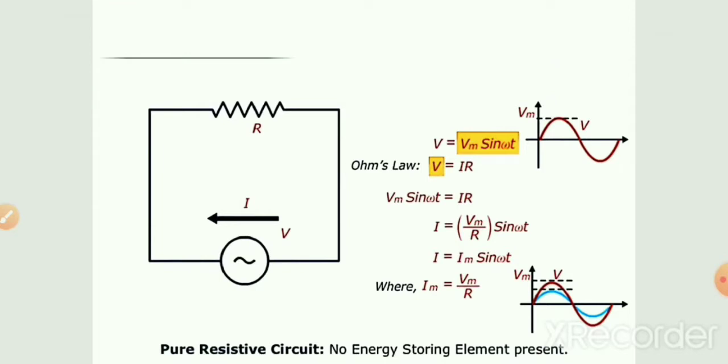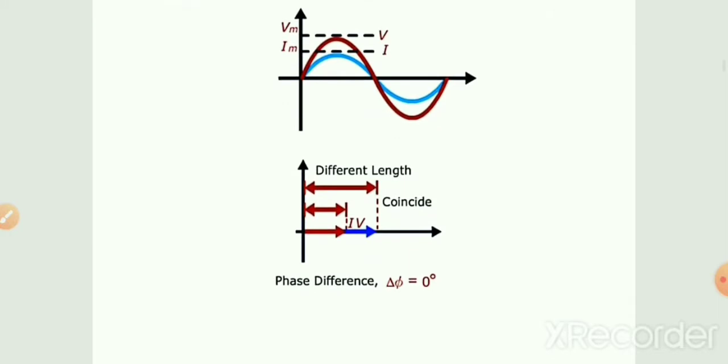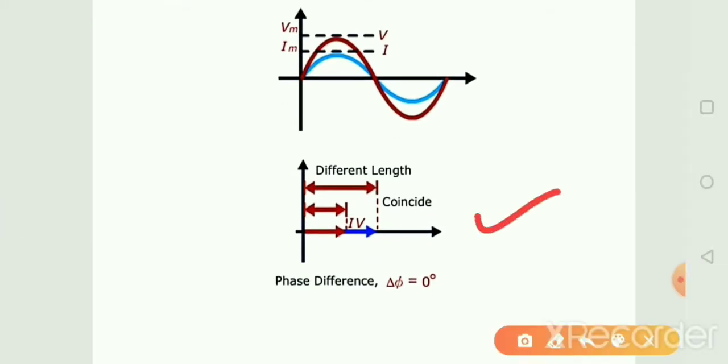If we see the graph, we can observe that both have different lengths, that is, different amplitudes. And we can see that the phase difference between them is 0, because the voltage and current waveforms both start from 0, reach pi, then become the negative cycle and end at 2 pi.